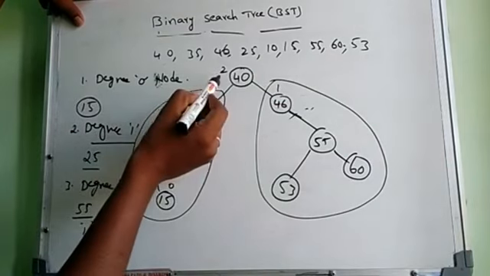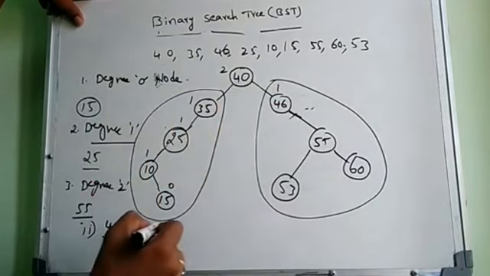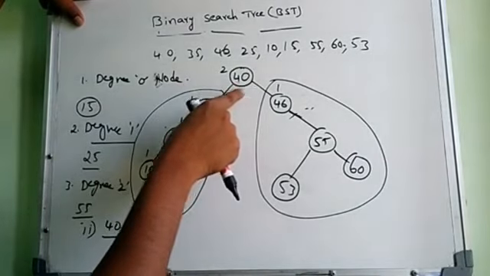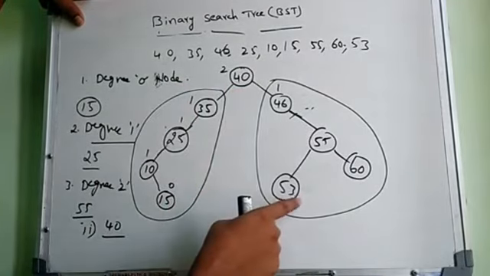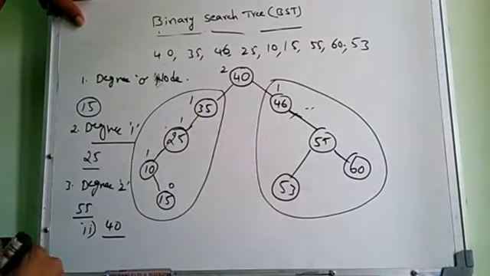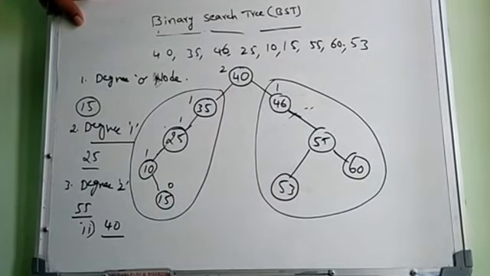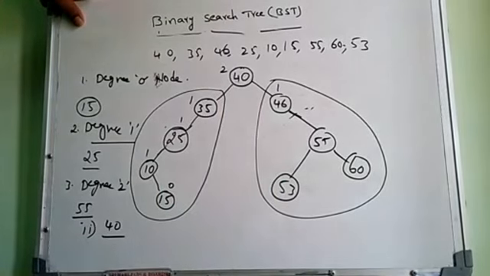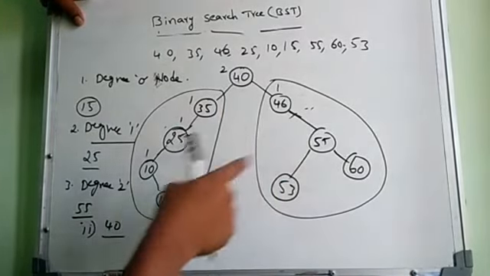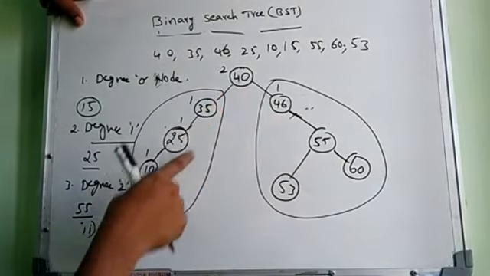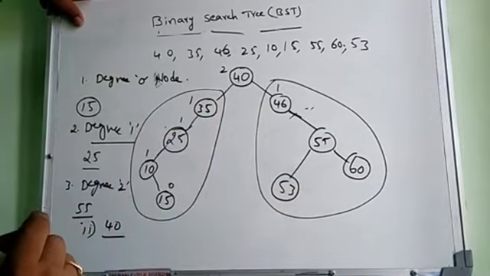If you delete a node with degree 2, either go for the left-hand side maximum number to replace that node, or the right-hand side minimum number should replace 40. Which one we take is up to you. Either the minimum number on the right-hand side, 46, or the maximum, 35.